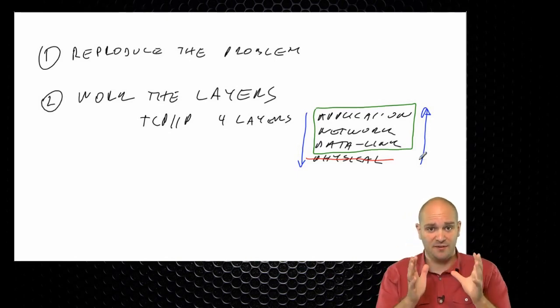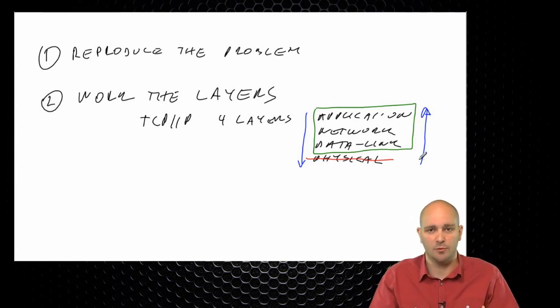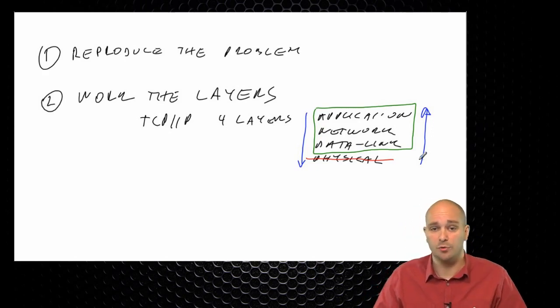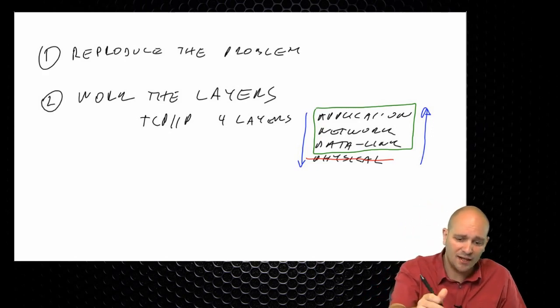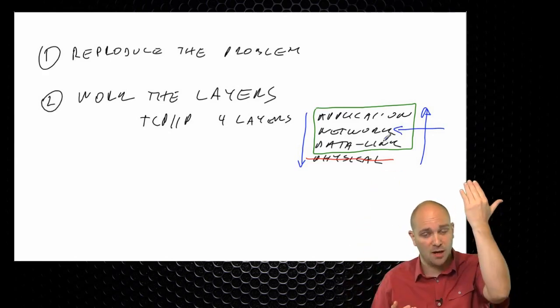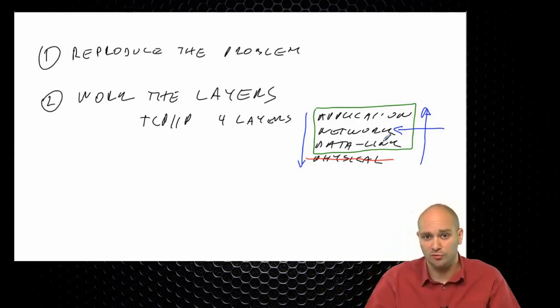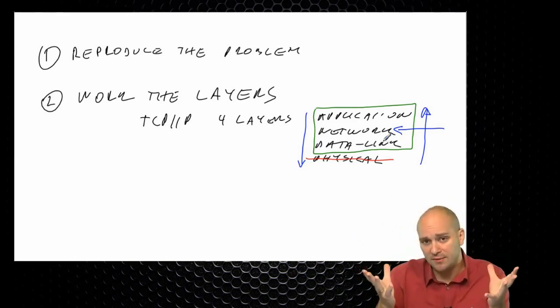Now, this gut feeling, this experience coming from deep inside you, listen to it, because that's the third valid approach to troubleshooting. I like to call this one split and divide, when you basically just go directly into a layer. So you're not working the layers up or down, you go directly and try to solve the problem. Listen to that voice in your head, because it might be right.